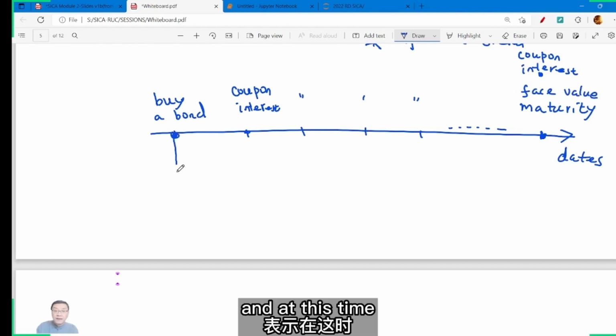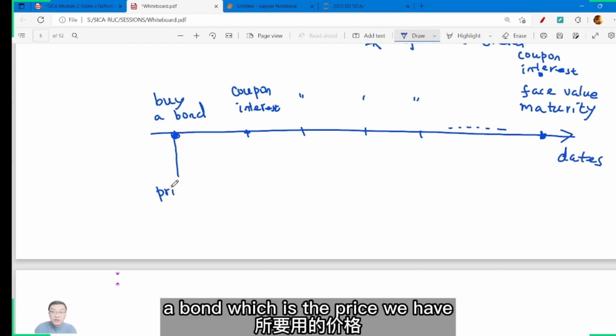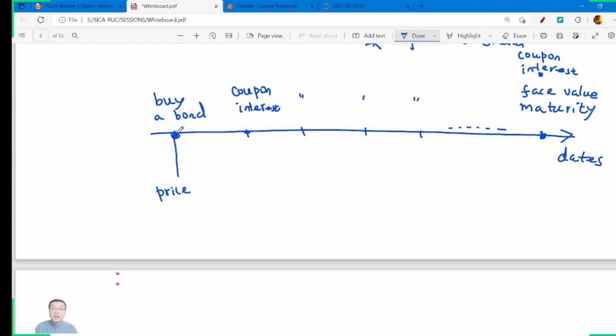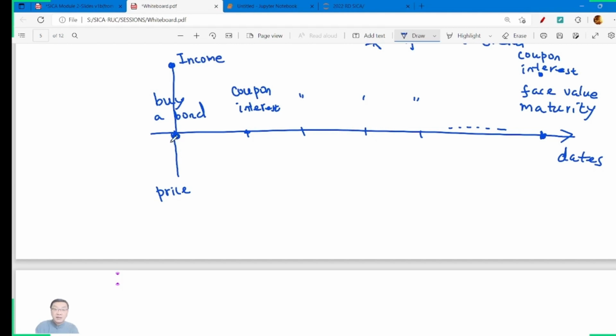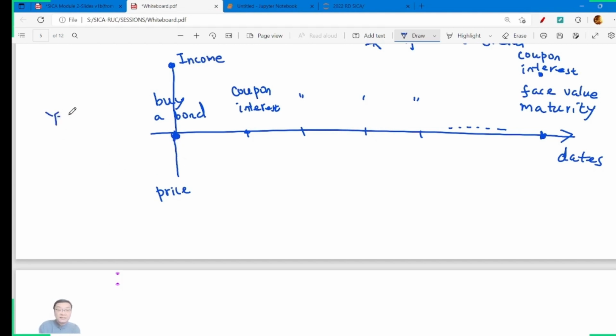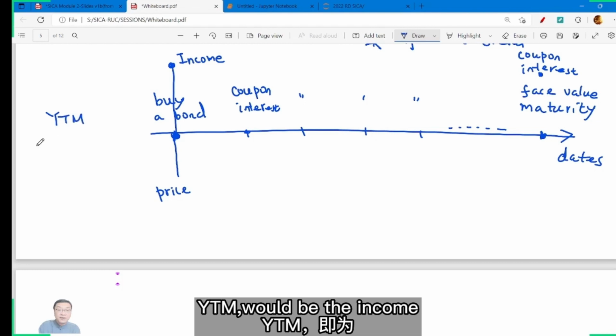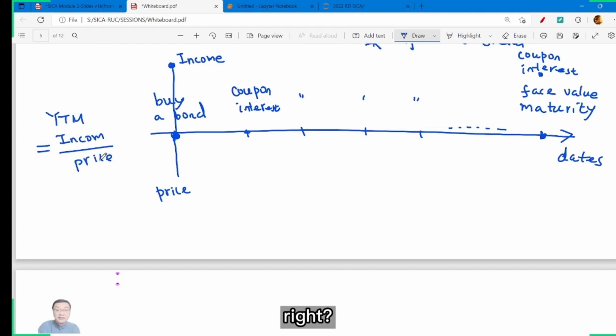And at this time, we spend money to buy a bond, which is the price we have. So YTM would be the income divided by the price, right?